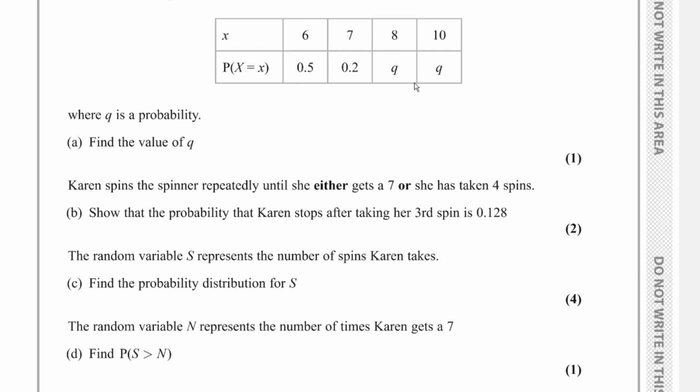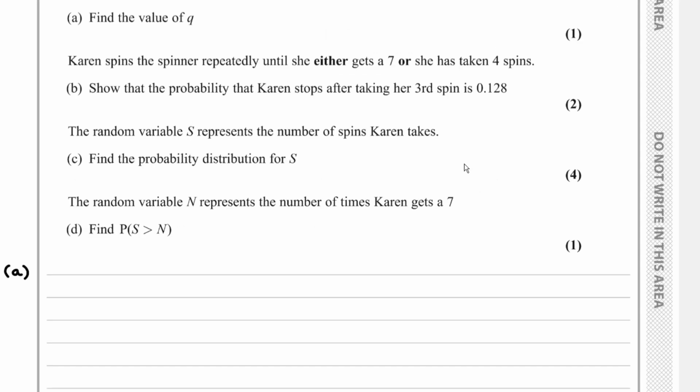Well, we know that the sum of probabilities is equal to 1. So for part A, we've got 0.5, which is the probability of getting a 6, plus 0.2, which is the probability of getting a 7, plus q, which is the probability of getting an 8, plus q, which is the probability of getting a 10, and this is all equal to 1.